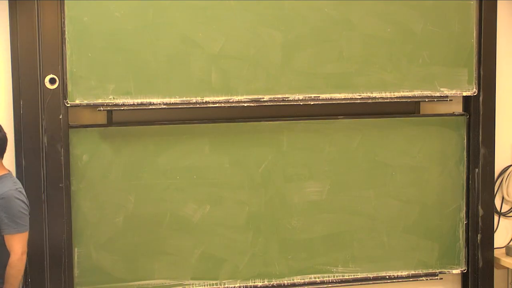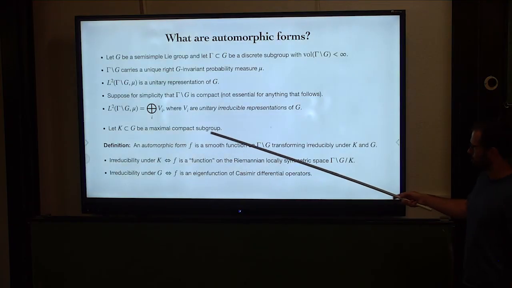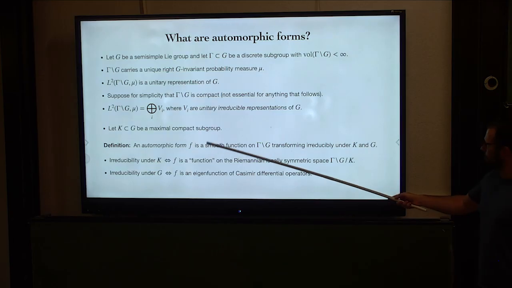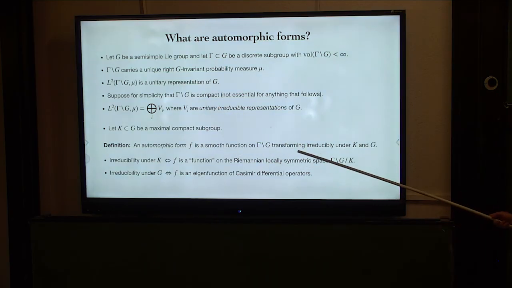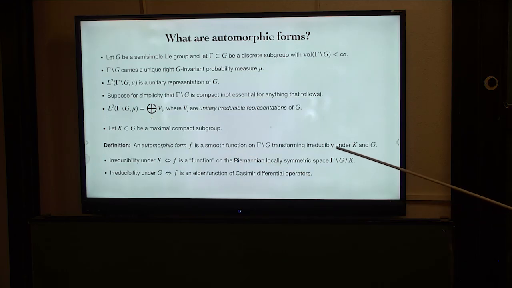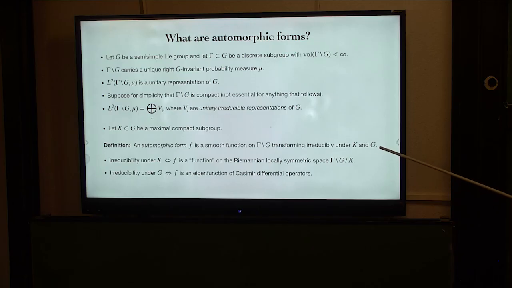Now to define an automorphic form, let K be a maximal compact subgroup of G. And then an automorphic form is a function on the quotient G mod gamma which satisfies two things. Firstly, it should transform irreducibly under the maximal compact group, and it should also transform irreducibly under G. So these two are rather independent things.